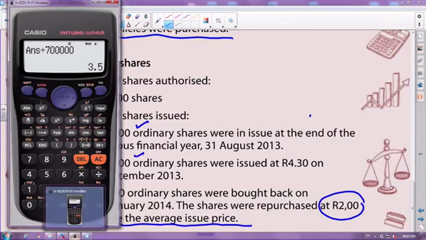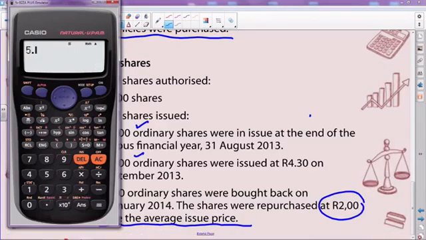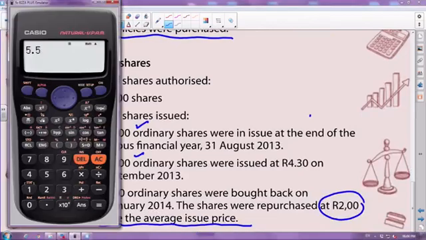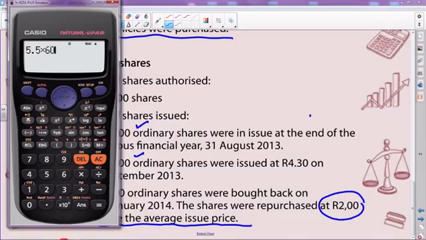That was the average price, plus the 2 Rand would give you an amount of 5 Rand and 50 cents. Immediately I tell myself, okay, fine. Let's take that figure, 5.5, which is 2 Rand above the average price, multiply it by the number of shares that we are repurchasing, which is 60,000. Okay, times 60,000. And that will give me a figure of 330,000.